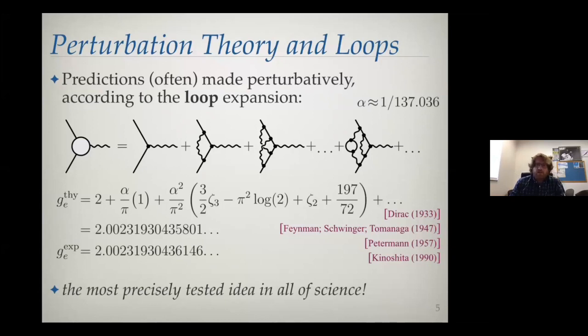But I want to draw your attention to a few aspects of this expansion that maybe your professor didn't dwell on when you took quantum field theory.